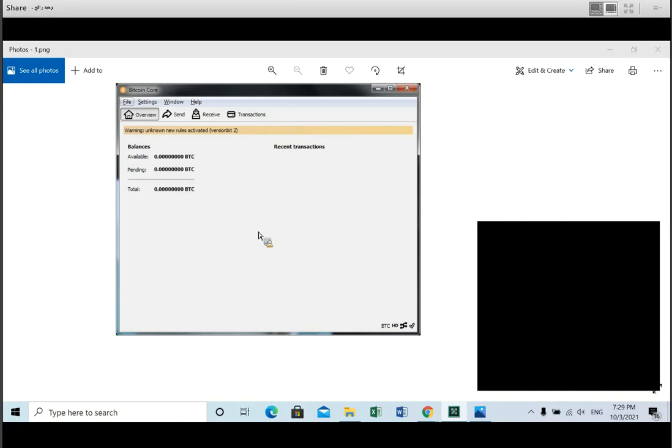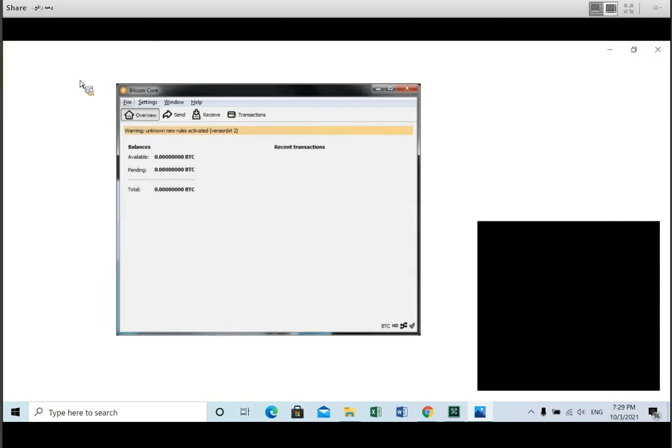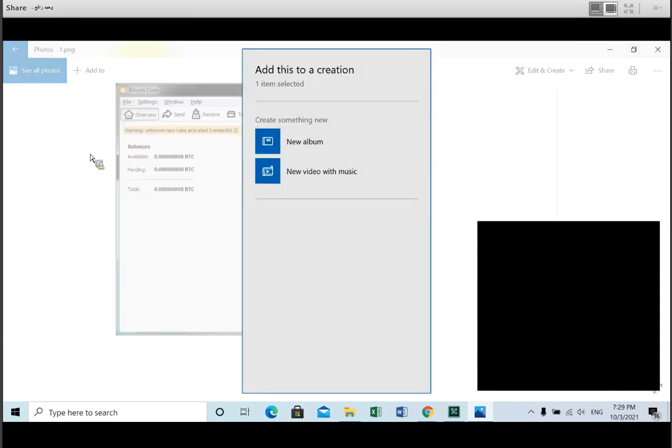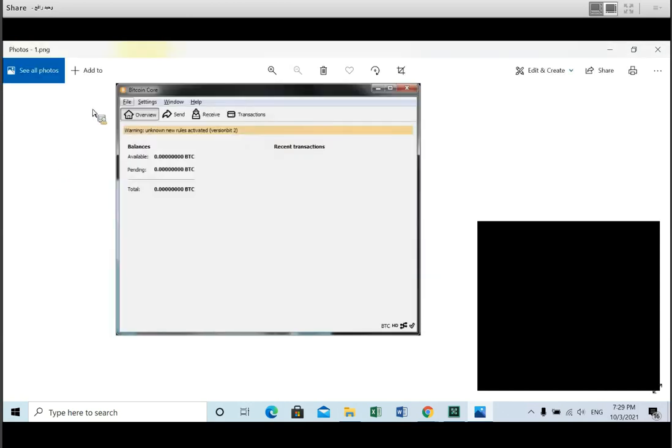Each block is saved in a file. By this software you can create a wallet address.